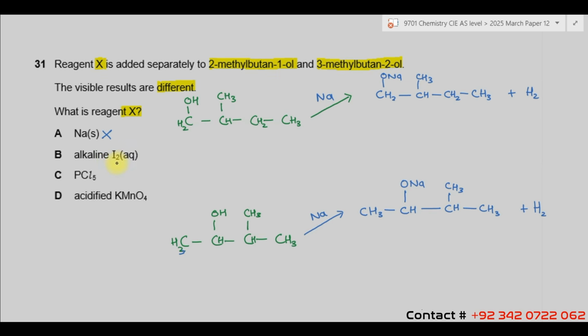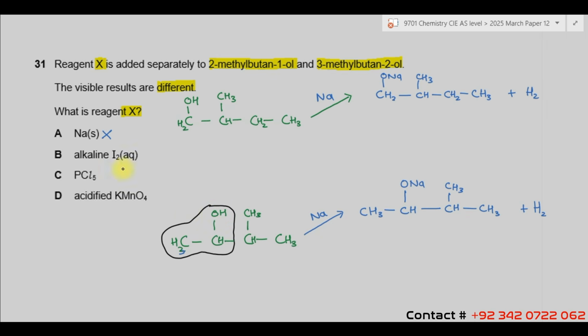Second one is alkaline aqueous iodine. For alkaline aqueous iodine, we need CH3 bonded to carbon with secondary alcohol. So in this case, we can see we have CH3 bonded to CH and OH.